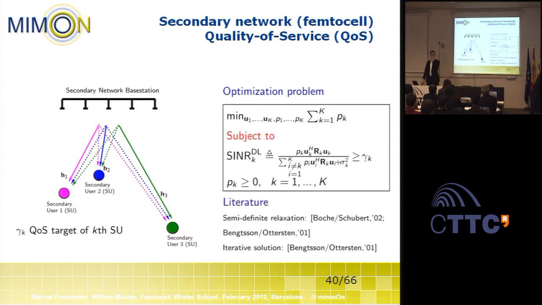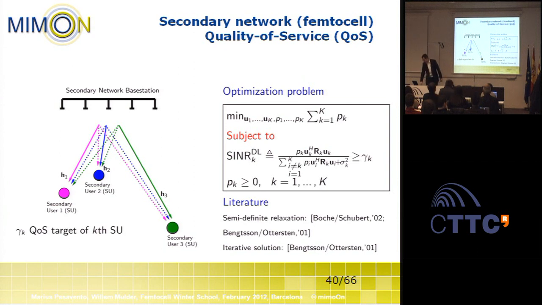So in this case, in order to design the optimal beamformers, we could use a quality of service design. So actually we could try to minimize the total transmitted power in the network while guaranteeing a minimum quality of service in terms of minimum SINR at each of the user terminals connected to the femtocell.